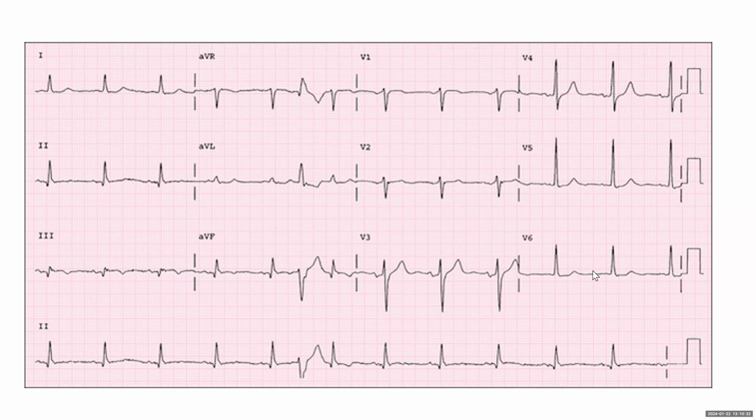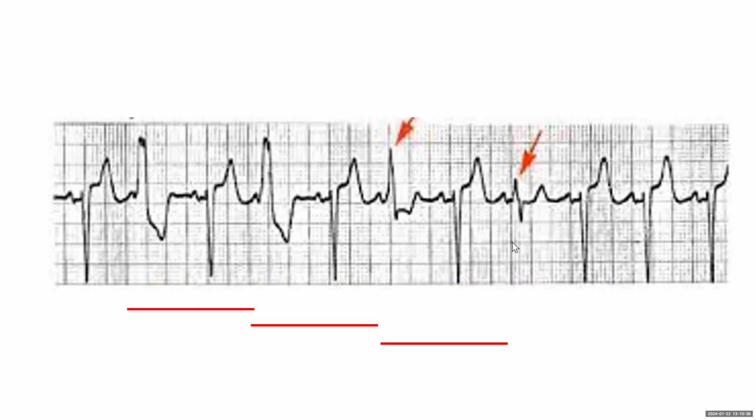Okay. What about this one here? What do we call that? There are some clues with the arrows. Bidirectional VT. It's not, because the PVCs are the same axis.